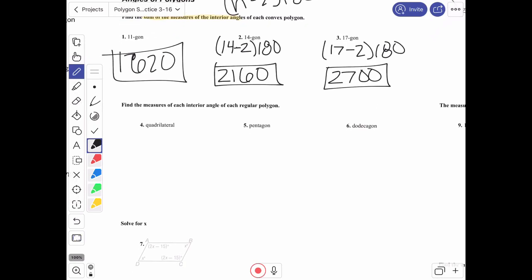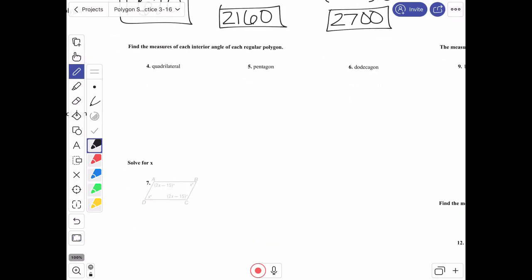The next set of problems says find the measures of each interior angle in each regular polygon. So when we say each, that means we're talking about a single angle. So we're going to use the n minus 2 times 180 divided by n. So for a quadrilateral, that's what this unit is called.